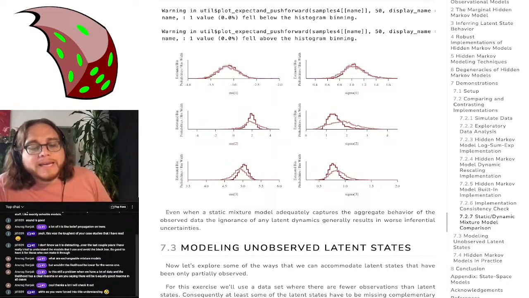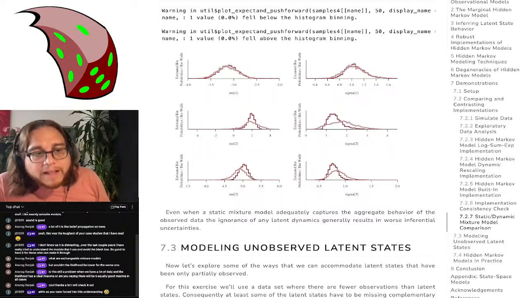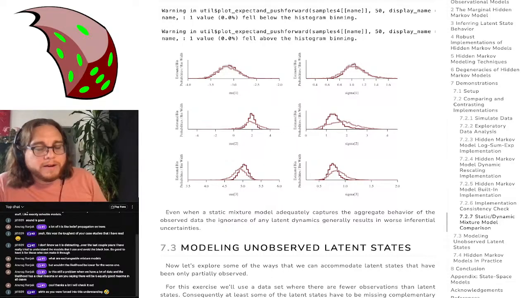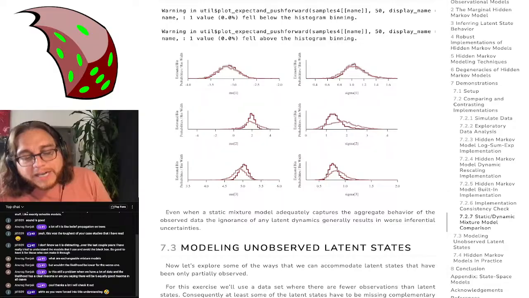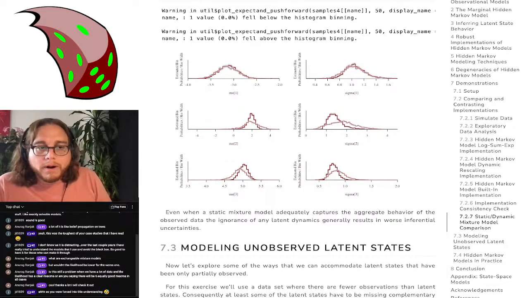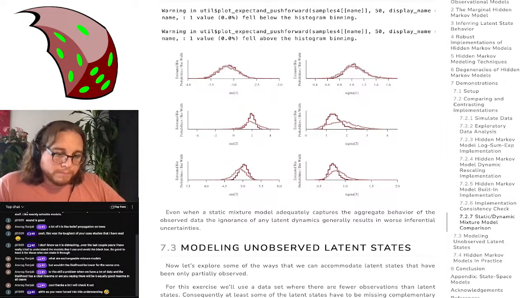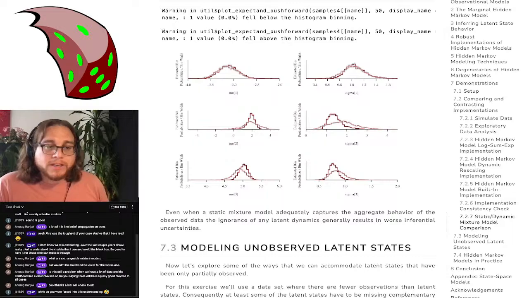Even if we don't care about the latent dynamics and just care about the behavior of the observational models, we get stronger inferences by modeling the latent couplings and not assuming that they're independent or all the same. We can take better advantage of the data and learn more about these behaviors by modeling those dynamics, if we do in fact think that they're reasonable.